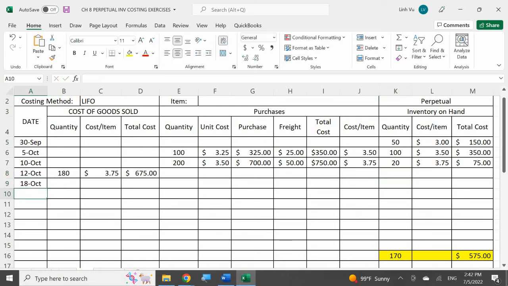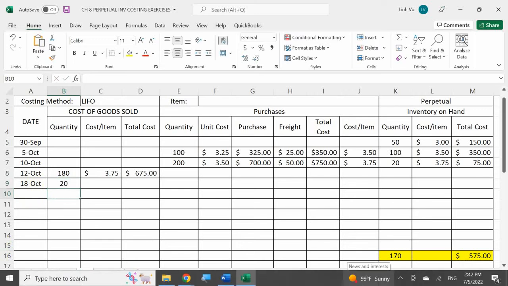October 18, we sold 100 units. Again, which batch of inventory would we dip into first? You take the 20 at $3.75.